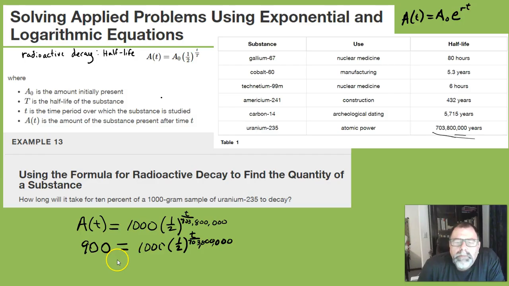Okay, now we're going to solve this, so we want to get the 1/2 to the power by itself. So first we divide by 1,000.